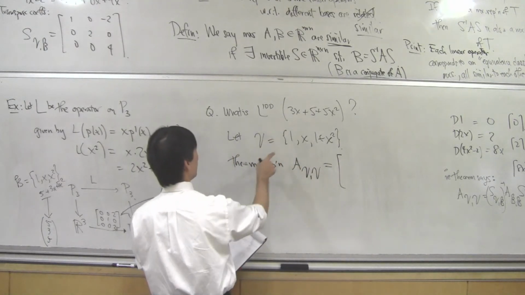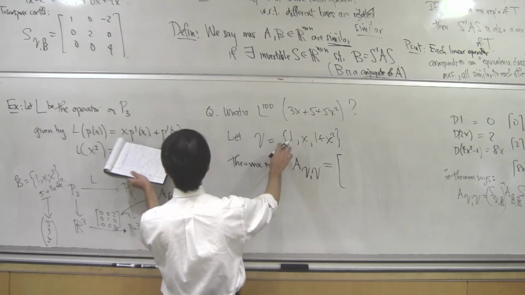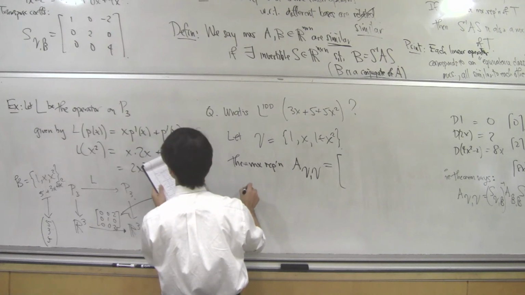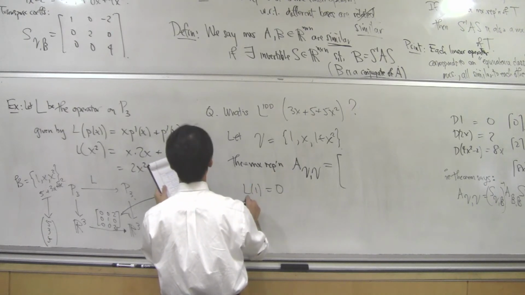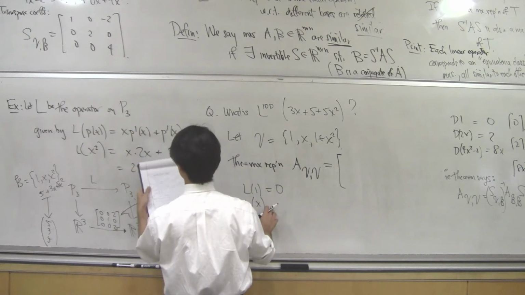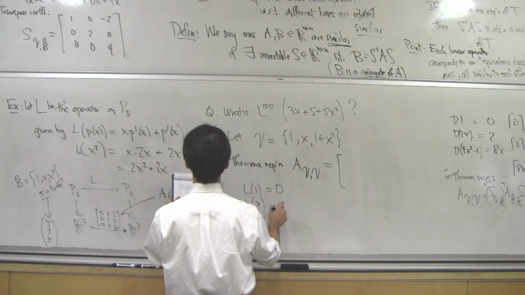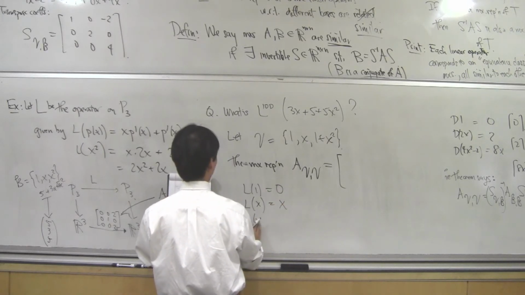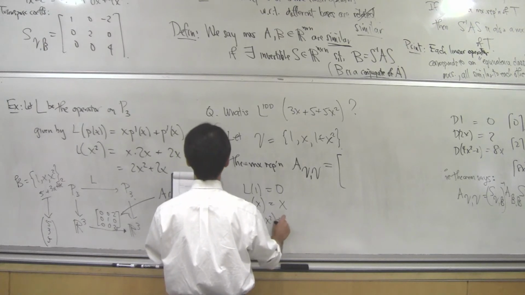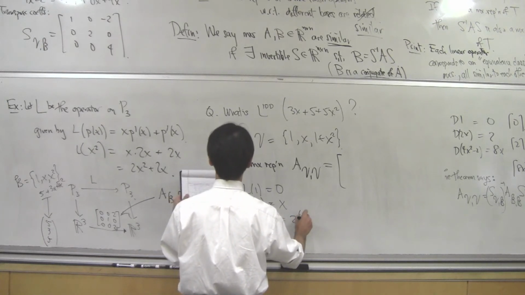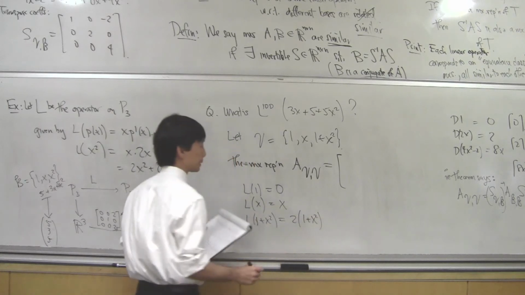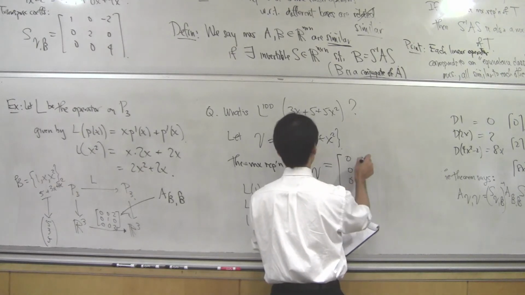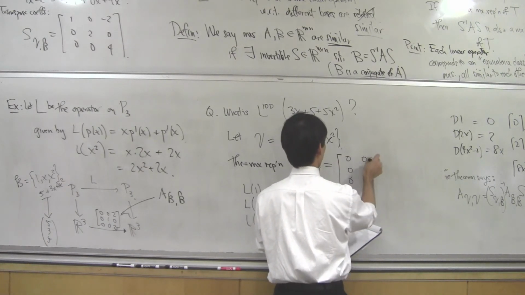If we take 1, differentiate it, multiply it by x, and add on the derivative, we get 0. So L of 1 is 0, L of x turns out to be x again, L of 1 plus x squared turns out to be 2 times (1 plus x squared). And so the matrix turns out to be 0, 0, 0, 0, 1, 0, 0, 0, 2.